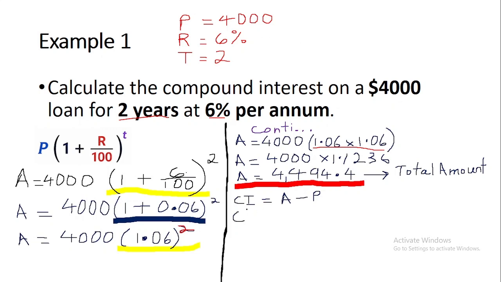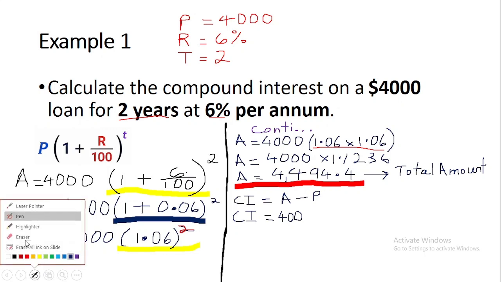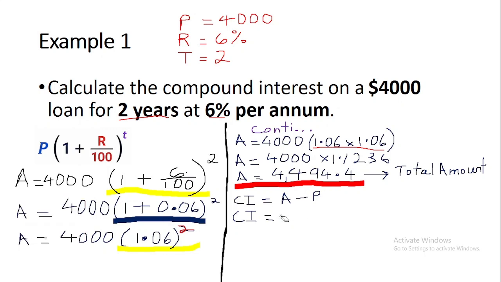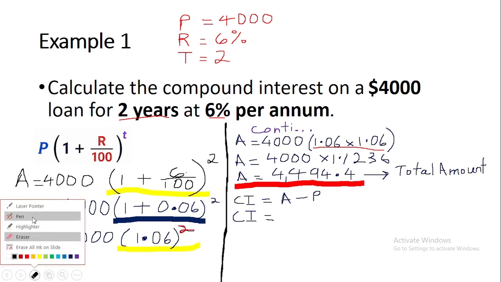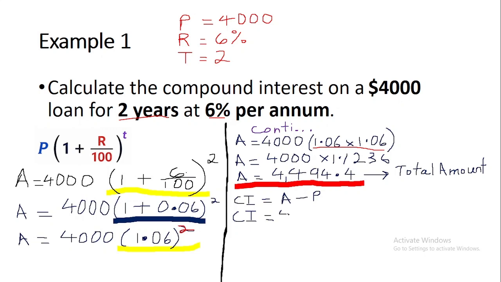So the compound interest now is gonna be equal to, sorry, so that's gonna be A. So A is the total amount, so that's gonna be 4,494.4 minus P, the principal, so minus 4,000.